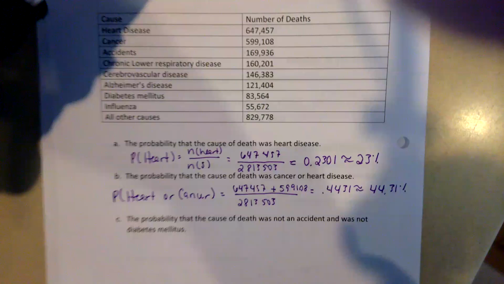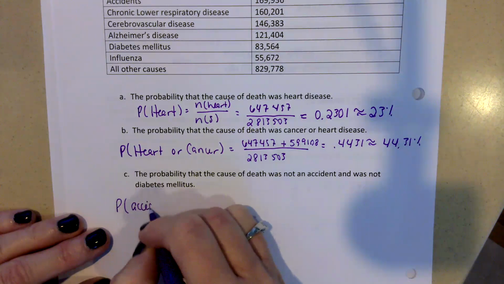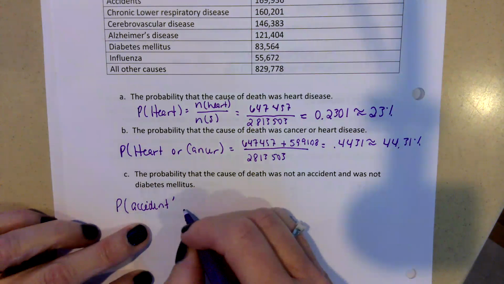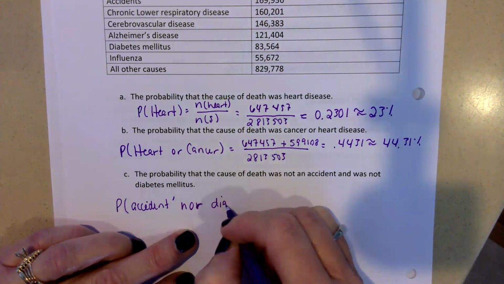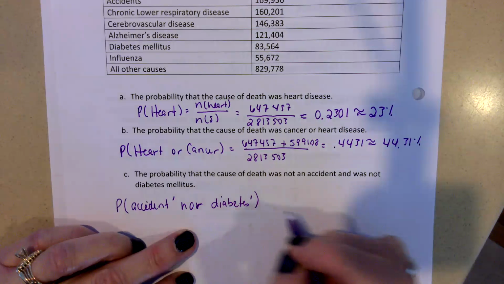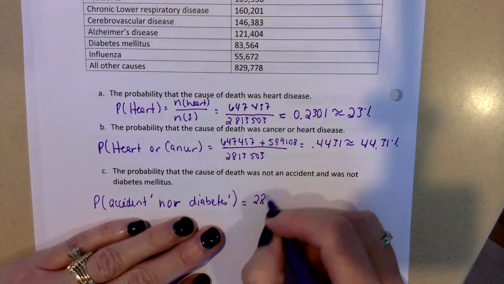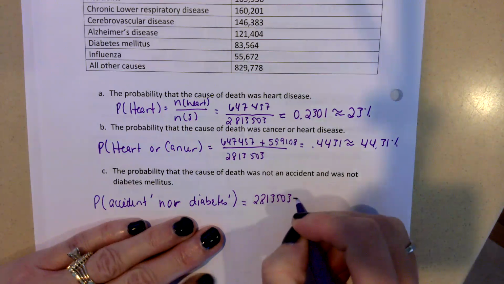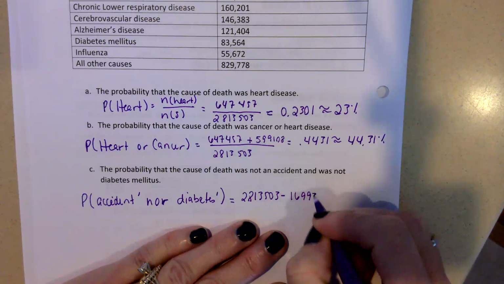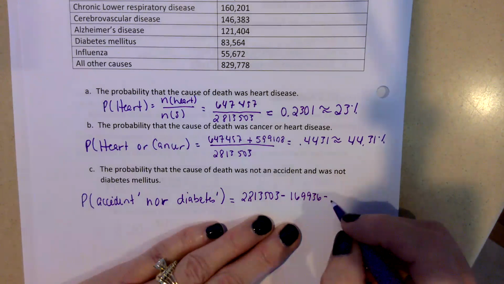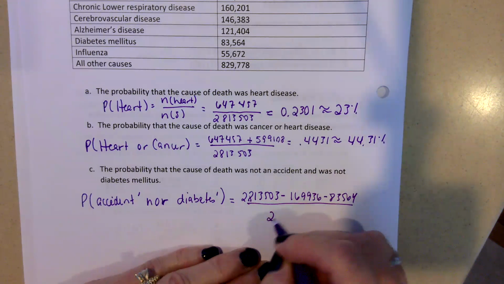So the probability of not an accident, nor diabetes, means that we can take our total of 2,813,503 and subtract away those two groups that we don't want, the 169,936 and the 83,564, and divide by the total in our sample space again.